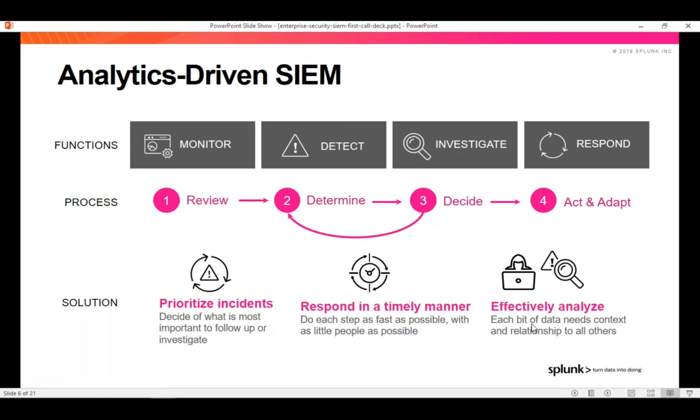So they're not able to prioritize the incidents. They're not able to respond in a timely manner or with a proper process, and this affects the overall efficiency of the SOC team, which is very, very important. I would say the technology of automation and the technology of analytics came to improve the operational efficiency of a SOC team.